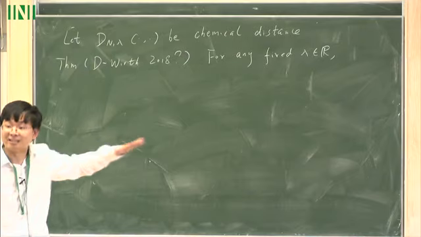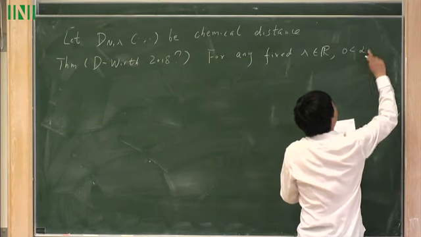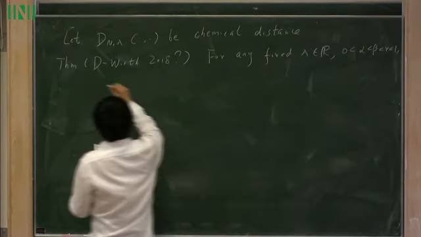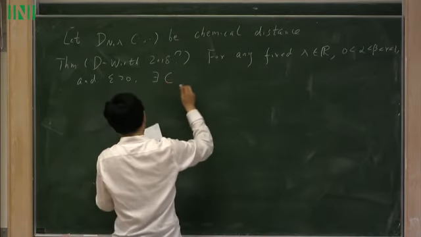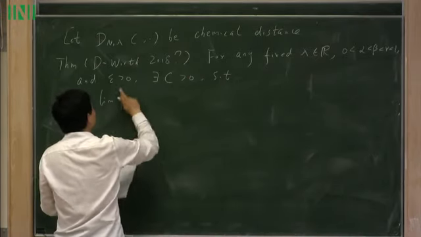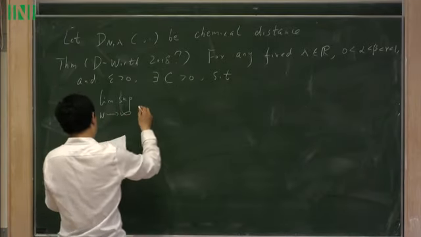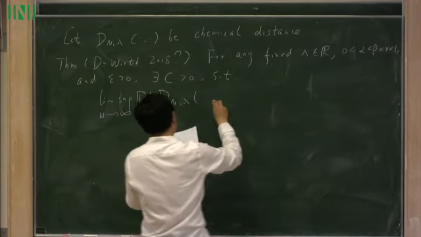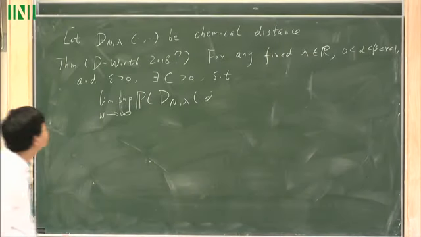But this is not the case in higher dimensions again. For any fixed lambda, and let's consider alpha, beta, gamma, which is between 0 and 1, and any epsilon that is positive, we claim there exists a constant C such that the limsup of the conditional probability that the distance, we are considering the distance between boundaries of macroscopic annulus.